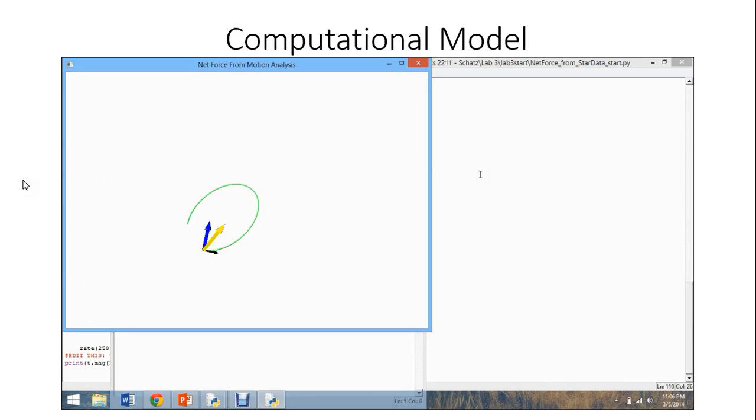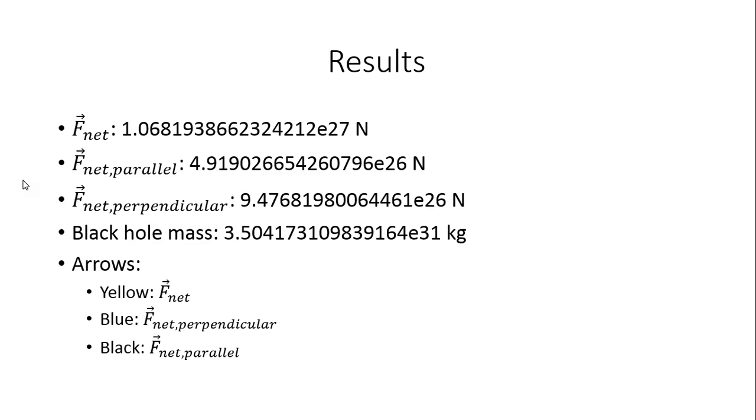The yellow arrow is indicating the direction of F net. This arrow will always be pointing towards the black hole. The blue arrow indicates F net perpendicular, while the black arrow indicates F net parallel. You'll notice that at each point in the orbit, the arrows will change in magnitude as the force is changing based on the position of the star.